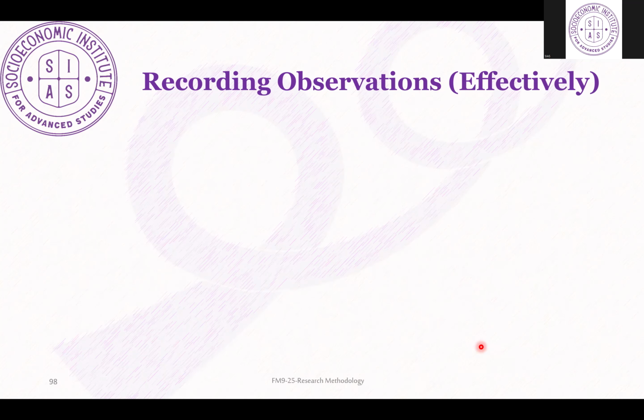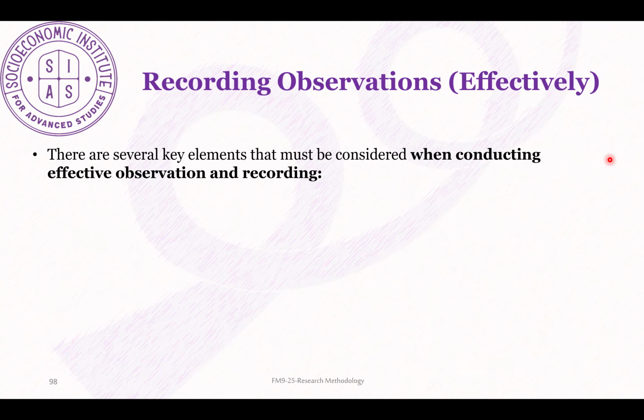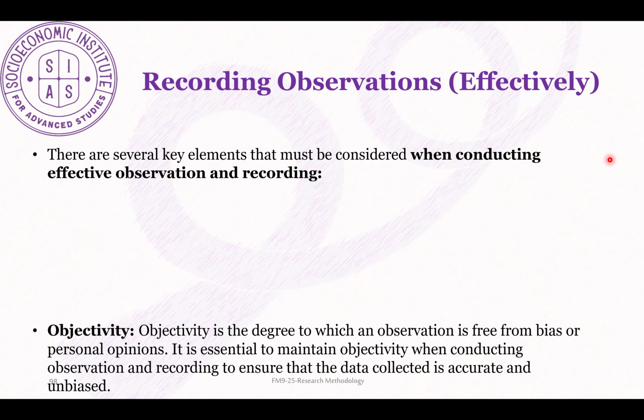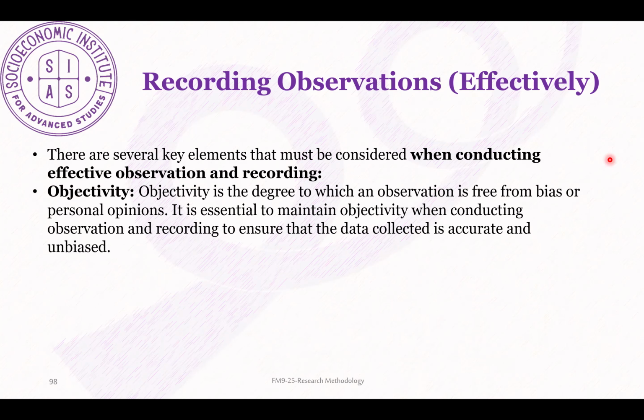Now, when we record the observation, we need to do it effectively, which means that we need to ensure objectivity, which is the degree to which we collect an observation free from bias or personal opinion.